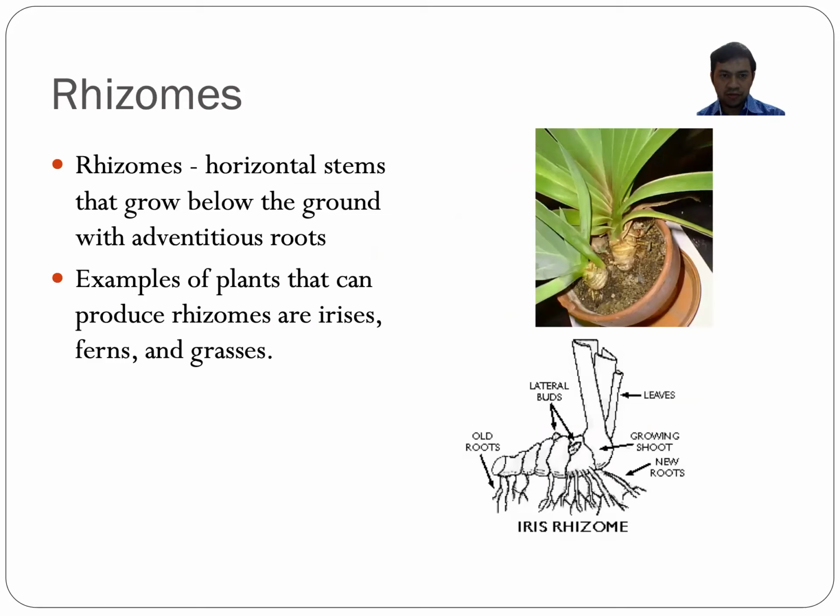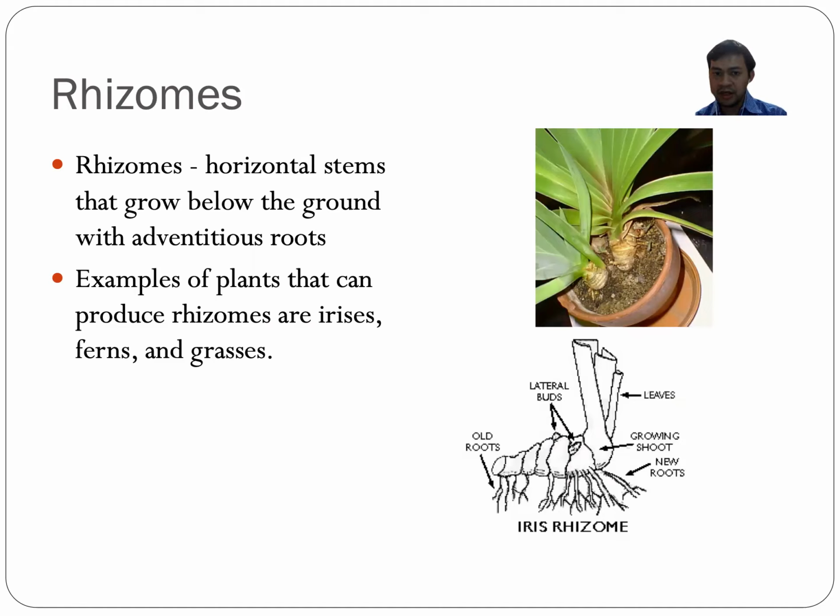Okay, so this is the first modification of the stem. We call it rhizome. What is a rhizome? Rhizomes are horizontal stems that grow below the ground with adventitious roots. So please, you have to be able to differentiate between the stem, the rhizome, and also the root.